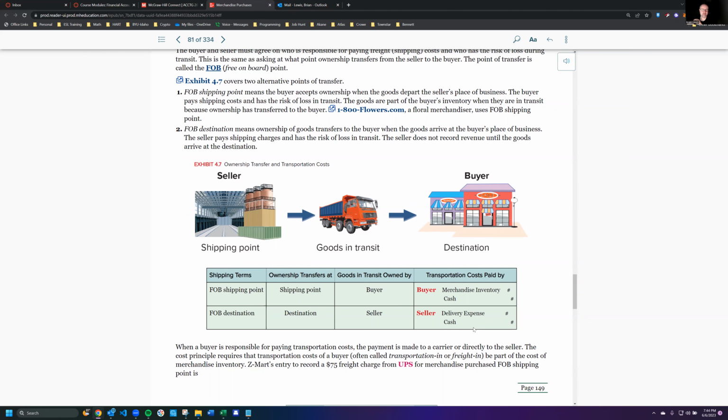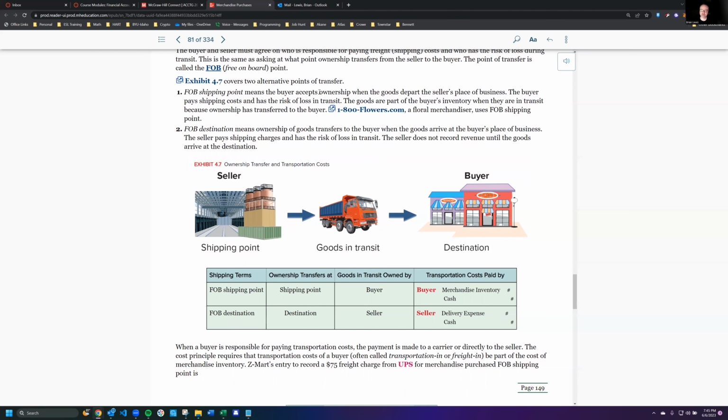Okay. Sometimes, even though the seller takes responsibility for the shipping cost, they may include it in the invoice. Right. So if it's at destination, then buyer pays for the goods plus shipping, but they only record it when they receive it. No, they don't record it until they receive it.